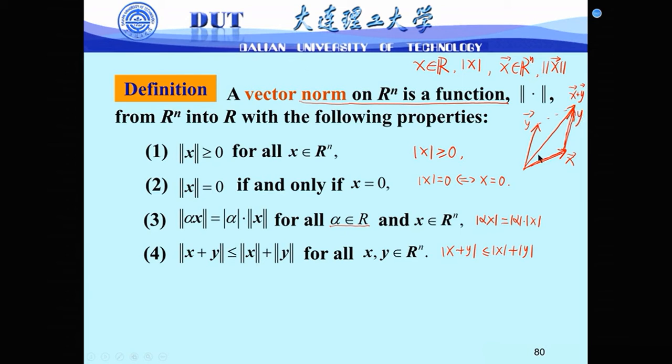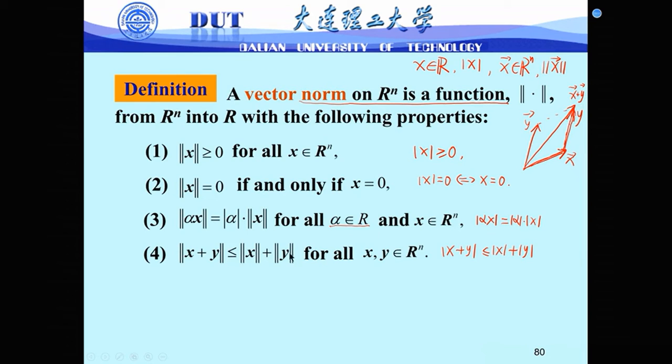Then from here to here, this vector is x plus y. We know this is a triangle. So the length of this edge should be less than or equal to the summation of the length of y and the length of x. So here, the triangular rule.